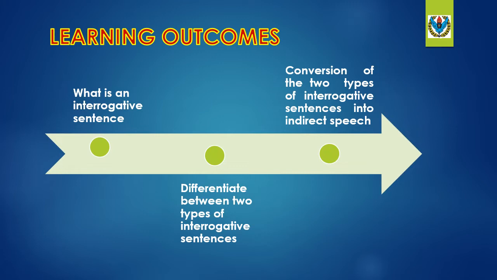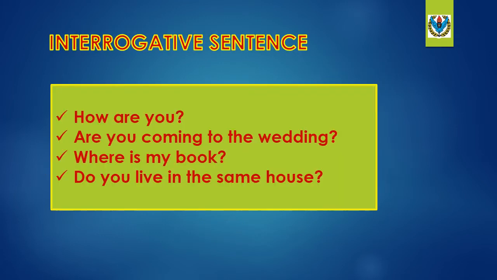And in the end, we will practice the conversion of the two types of interrogative sentences and discuss the steps involved in conversion. In the current session, we will learn to convert interrogative sentences into indirect speech.